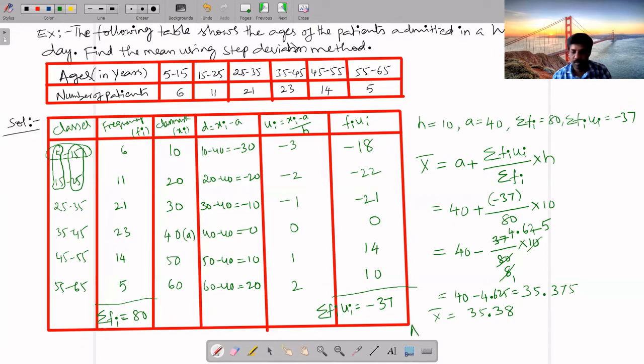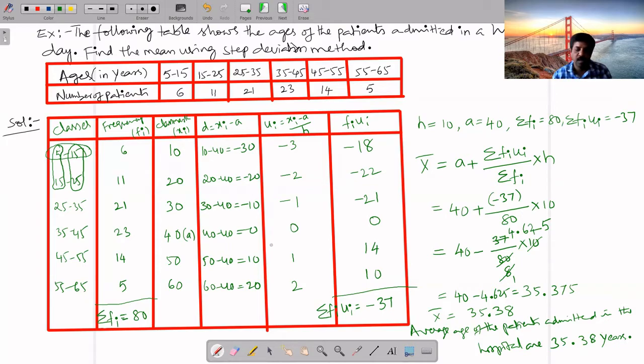This is nothing but the average age of the patients admitted in the hospital, which is 35.38 years. Now we observed in 3 methods the resulting mean is the same, that is 35.38 years.